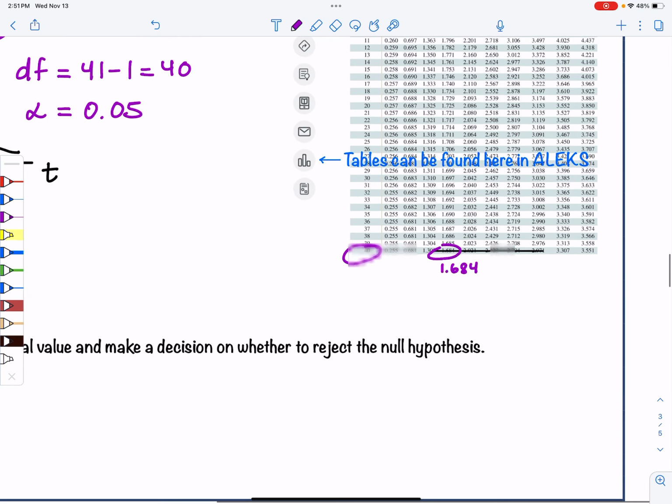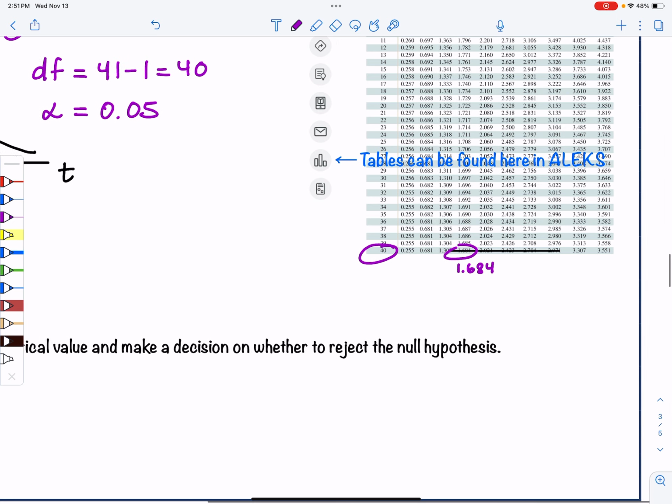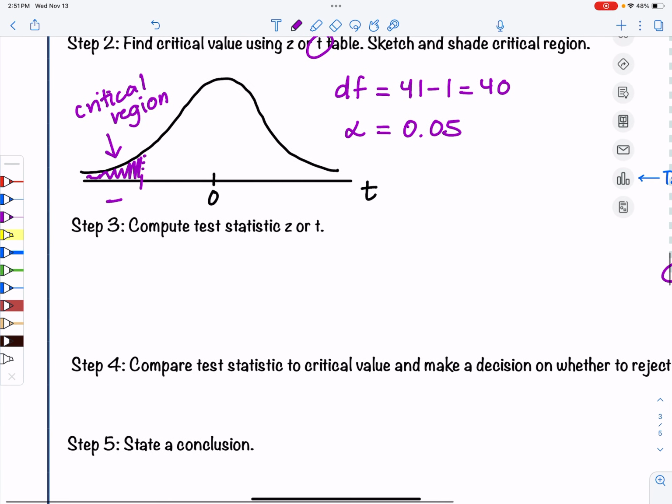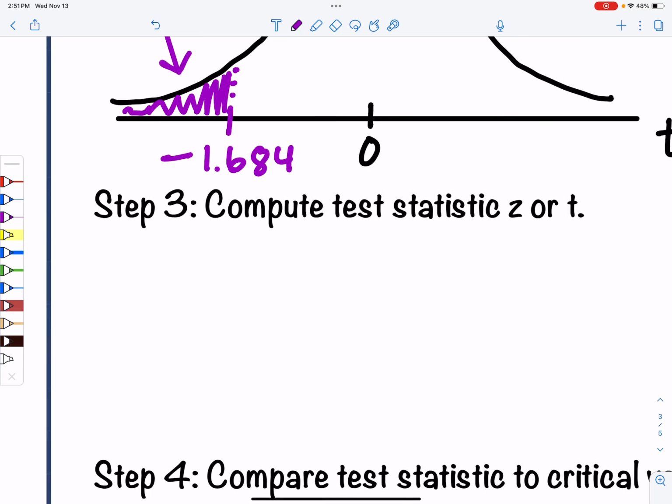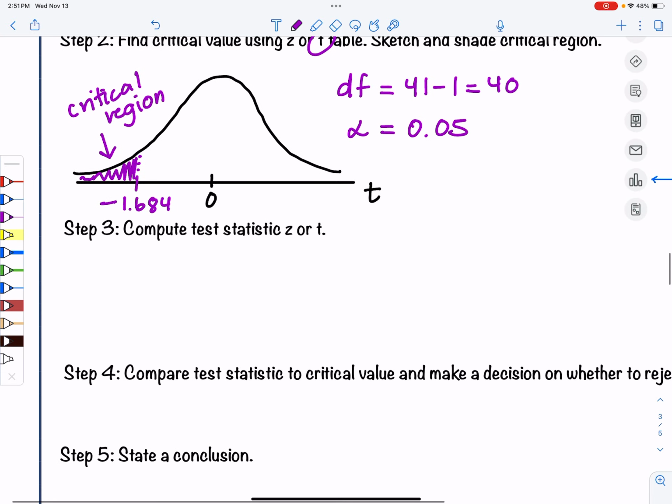Now, the thing about your T table, it only gives positive values because it's a symmetric curve. So this is where it's important that as soon as you saw it was left-tailed, you understood that this critical value needed to be made negative. If it was a right tail test, that would not be the case.